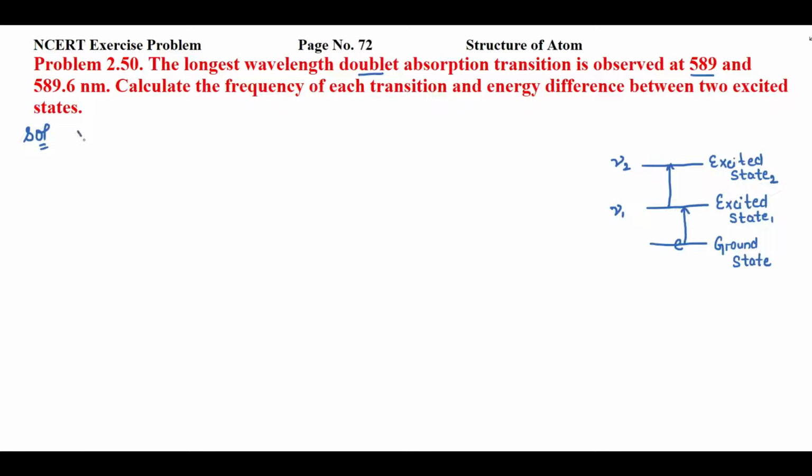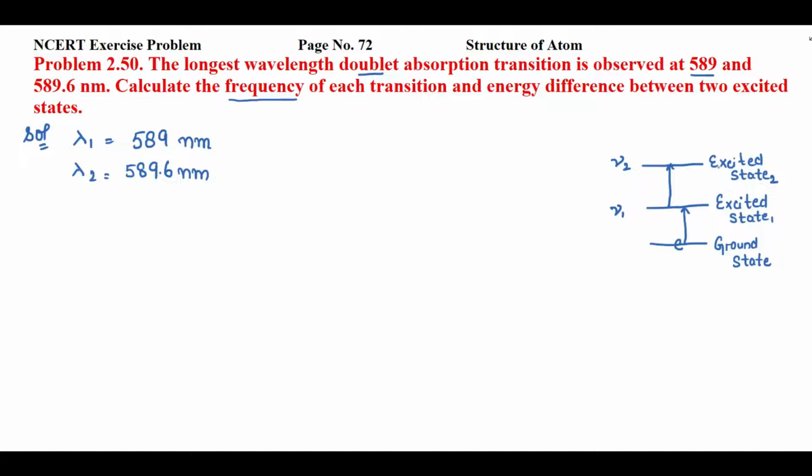So first of all, we'll write the given values. I am having lambda 1 equal to 589 nanometer and lambda 2 equal to 589.6 nanometer. In this problem, we have to find the frequency of each transition, that means nu 1 and nu 2, and energy difference between two excited states.